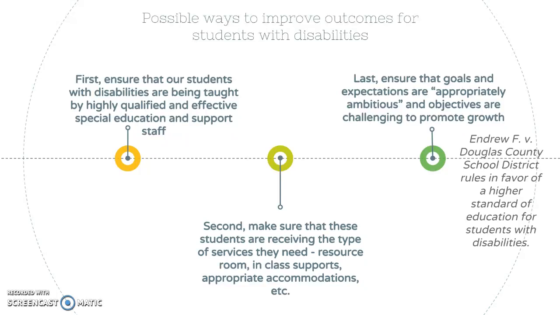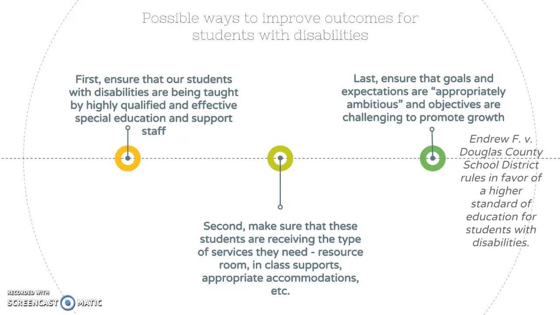And I take those terms from the recent Supreme Court decision, Andrew F. versus Douglas County School District, that ruled in favor of a higher standard of education for students with disabilities. So I think appropriately ambitious is a good thing to really work towards to ensure that students are growing.